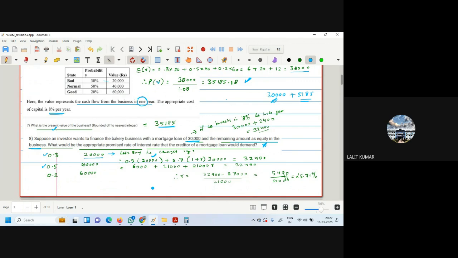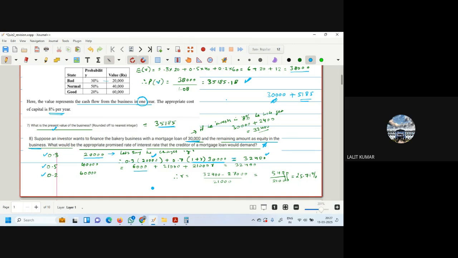So this is 30,000 into 1 plus R. So if the rate is R, in both the scenarios, 0.5 and 0.2, he will get his money. So his expected is 0.3 into 20,000 plus 0.7 into 30,000 into 1 plus R. And which should be equal to, if he has invested in government bond, which is 8% per year, then he should get 32,400. So you have to equate this to find the rate.